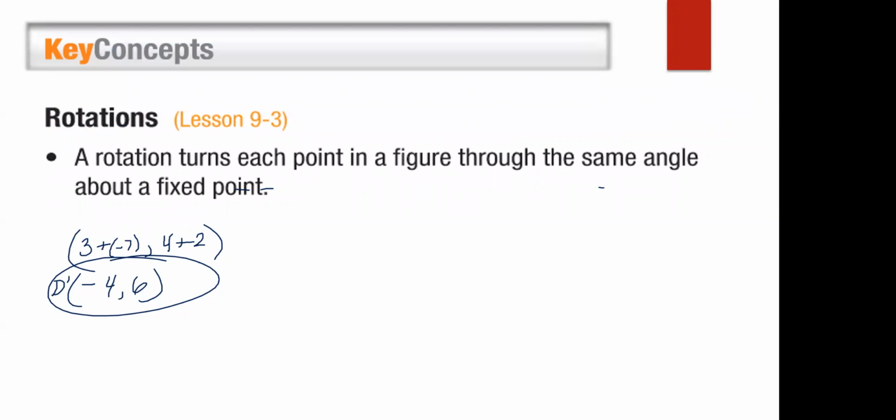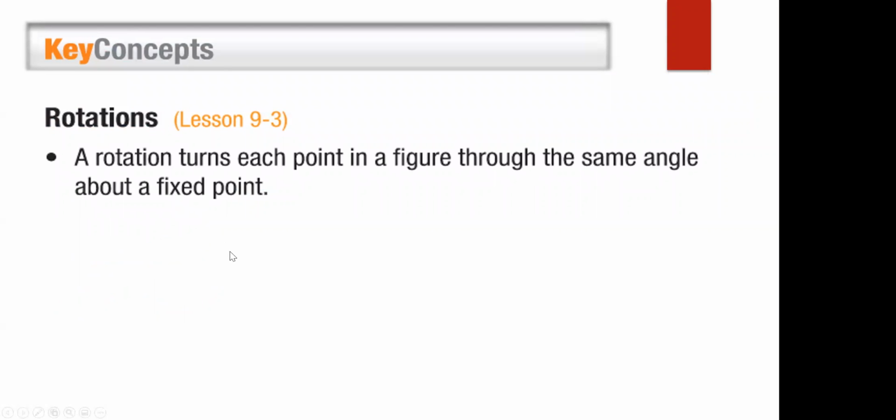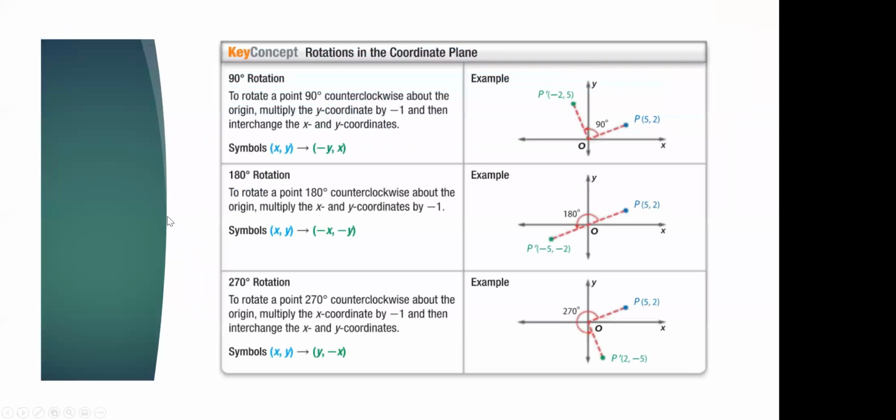All right, so then the next section talks about rotations, okay? A rotation turns each point in a figure through the same angle about a fixed point, okay? And you're given this chart here. This is very important because it tells you what you're going to do depending on how many degrees the rotation is.